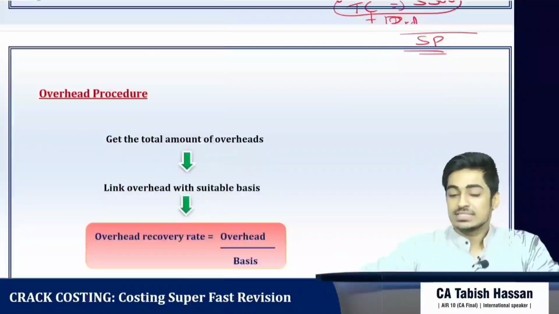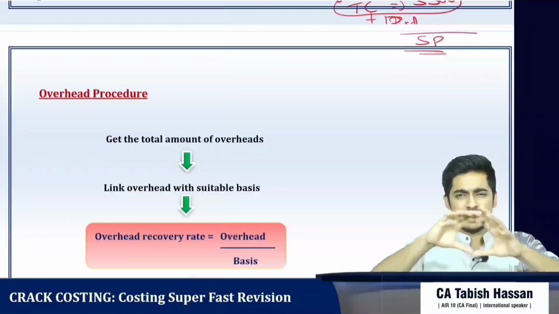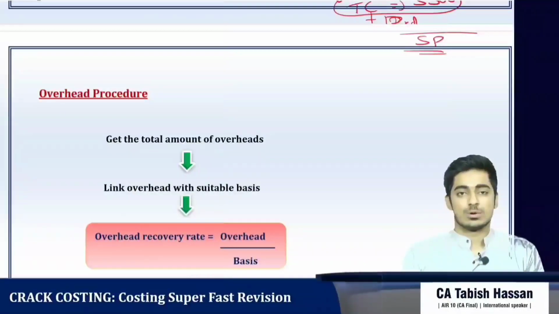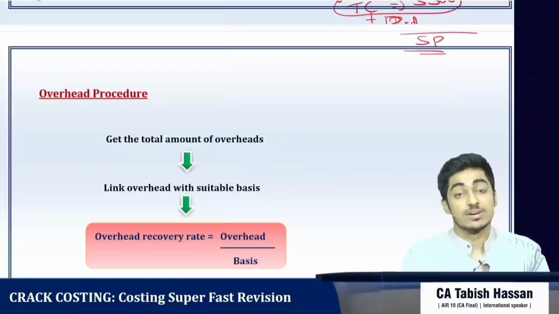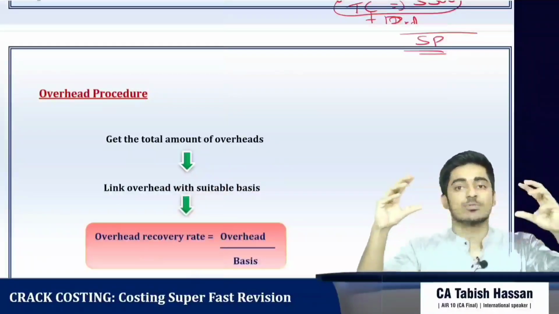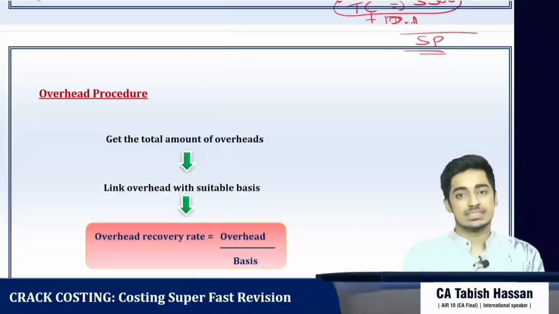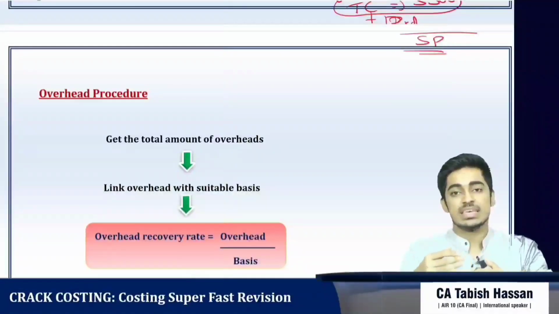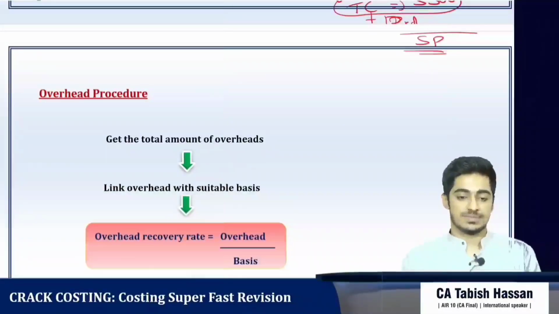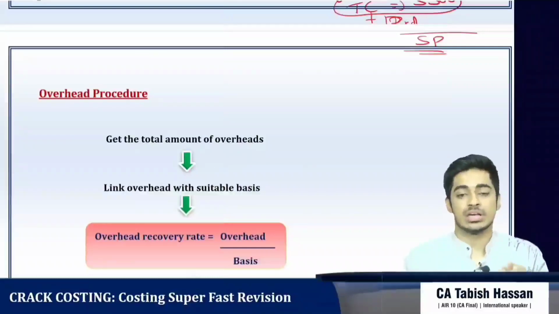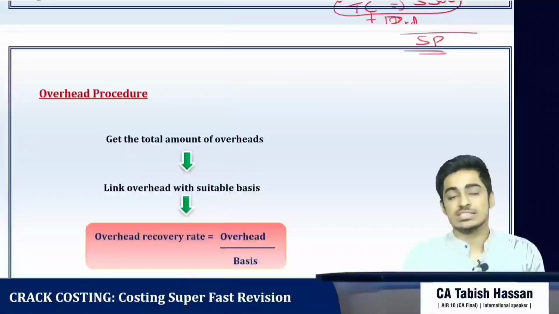So now let's briefly discuss the overall picture of overheads. First, we have to get the total amount of overheads. Then we have to link the overhead with a suitable basis so that whenever the basis change, accordingly the overhead also changes. Then we have to get the overhead recovery rate. Overhead recovery rate is equal to overhead divided by basis.